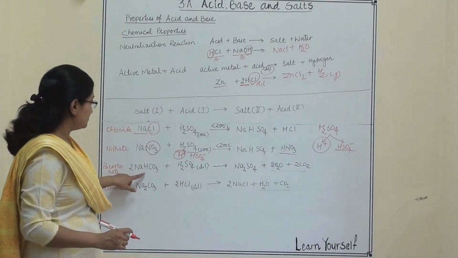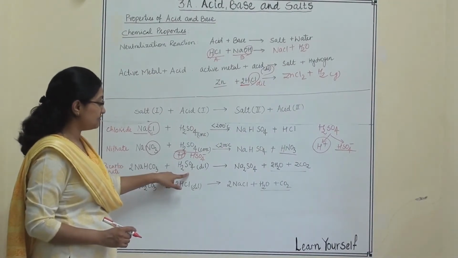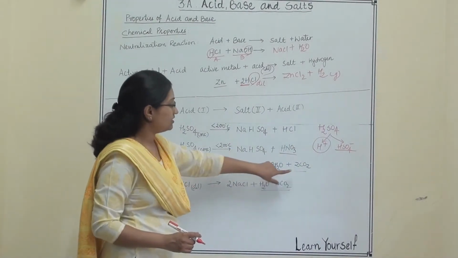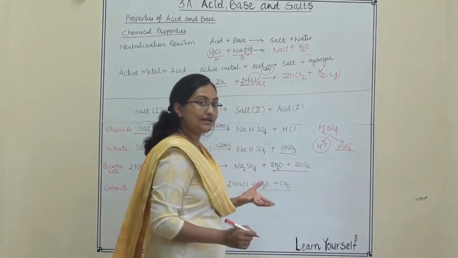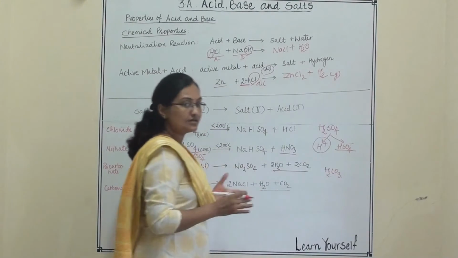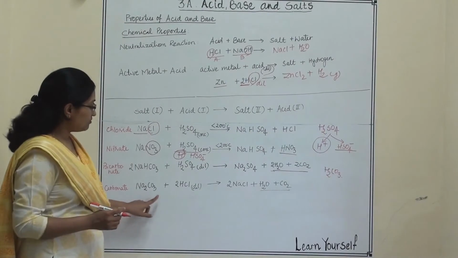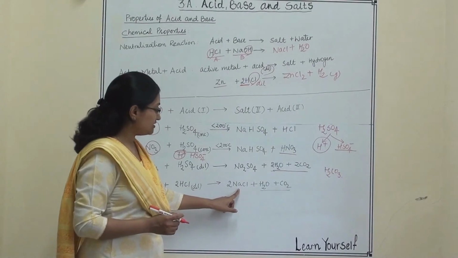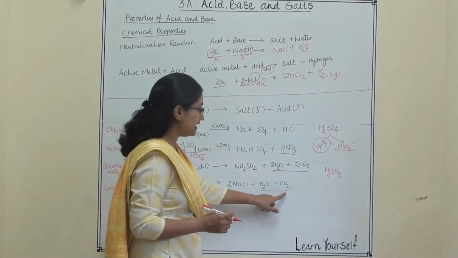Now bicarbonate. Sodium bicarbonate, when it reacts with dilute sulfuric acid, gives us sodium sulfate, water and carbon dioxide. These two together give us a temporary carbonic acid, that is H2CO3, unstable carbonic acid. Similarly, sodium carbonate reacting with dilute hydrochloric acid gives us salt, that is sodium chloride, and water and carbon dioxide.